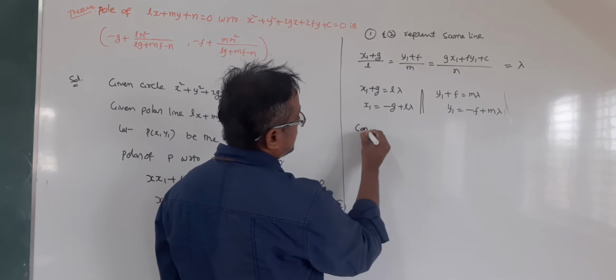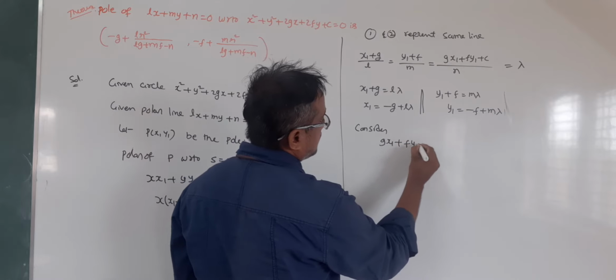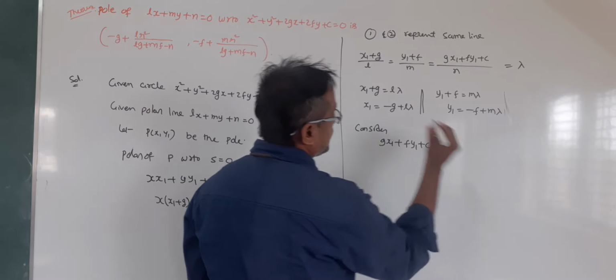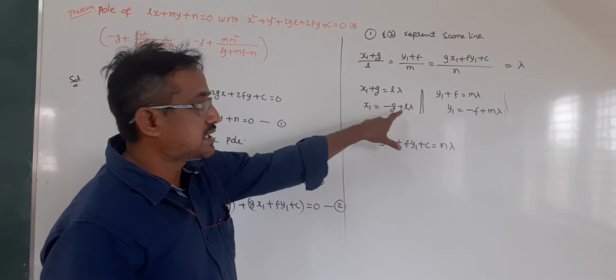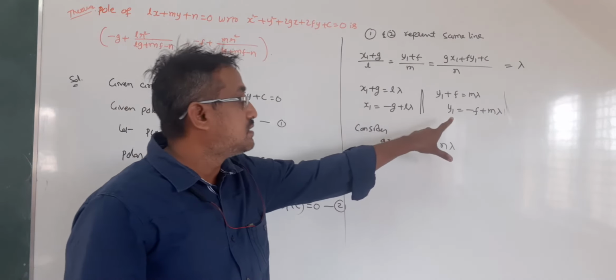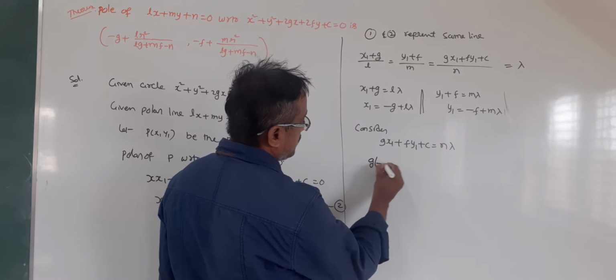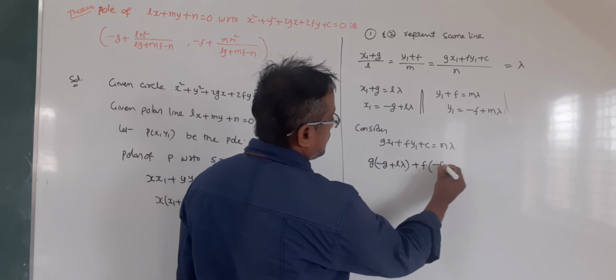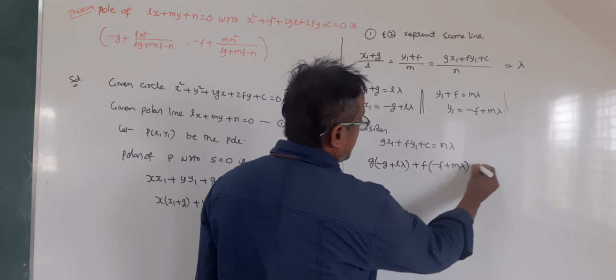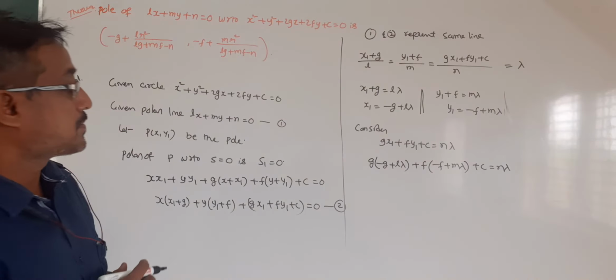Now consider gx1 plus fy1 plus c is equal to n lambda, where x1 is minus g plus l lambda, y1 is minus f plus m lambda. So g into minus g plus l lambda, f into minus f plus m lambda, plus c is equal to n lambda.